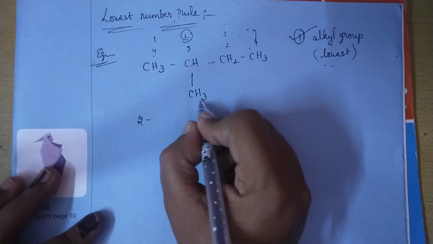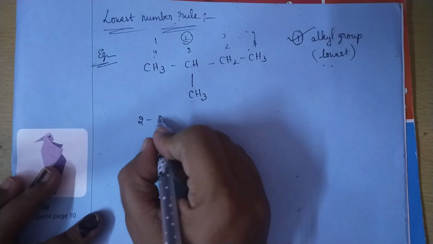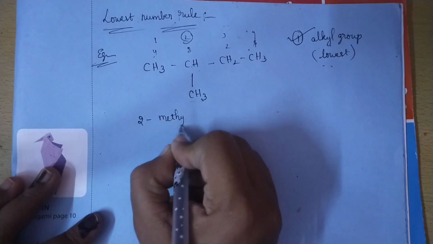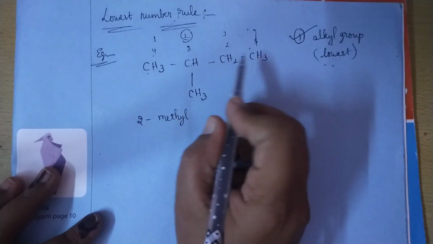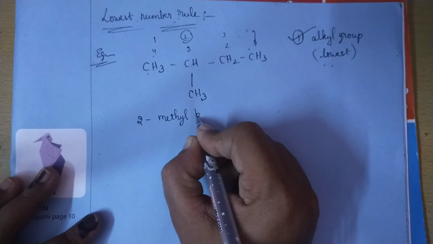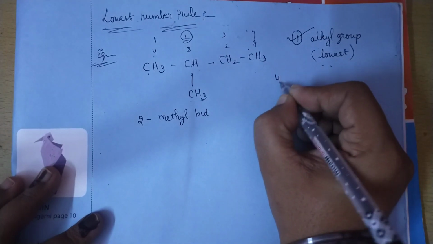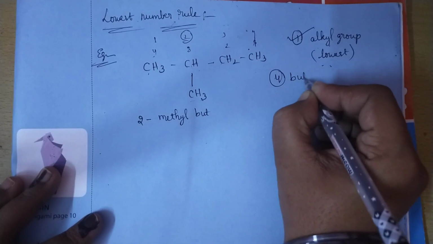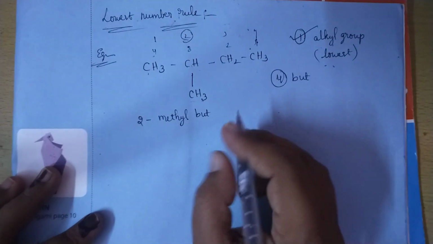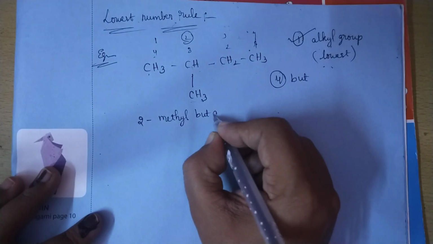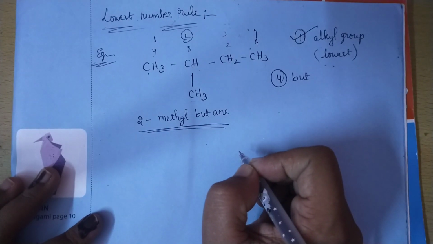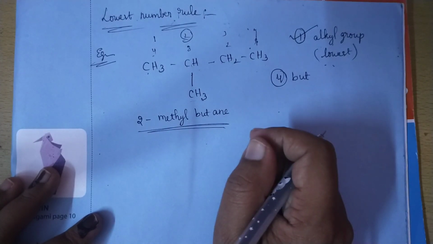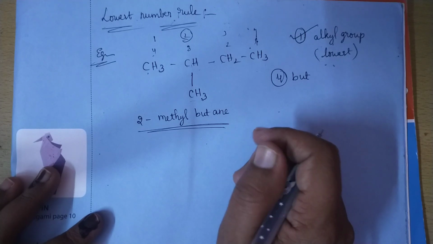So this is 2-methyl. How many carbons? 1, 2, 3, 4. If 4 carbons are there, we use but, and single bonds are there, so ane. So the name would be 2-methyl butane. Hope you got this.